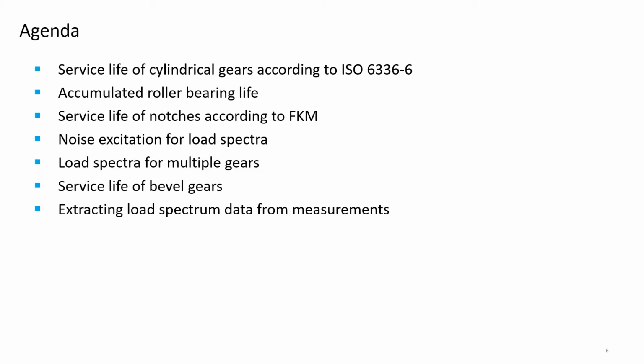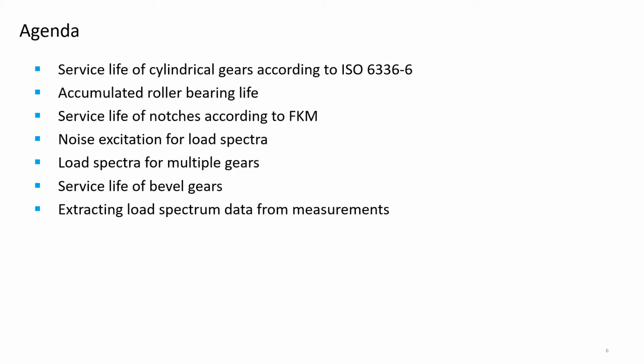We'll look at a model from a manual transmission of an automobile and see how you can specify load spectra for multiple gears and what results you get there. We look at an example which includes bevel gears and possibilities to do service life calculation in this field.